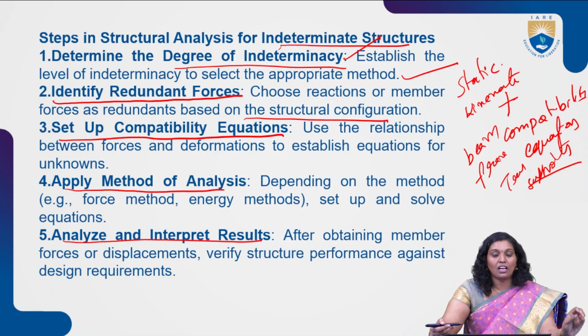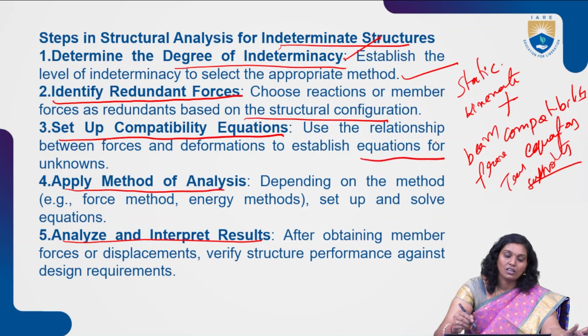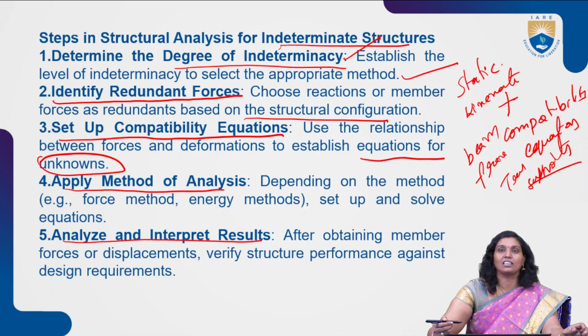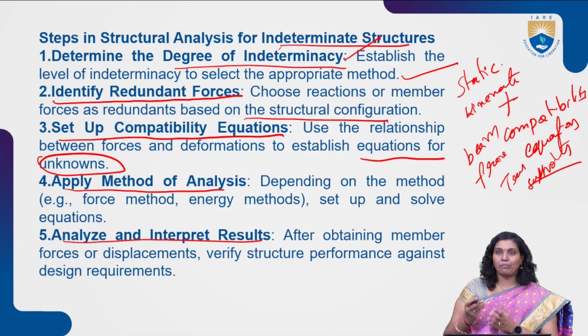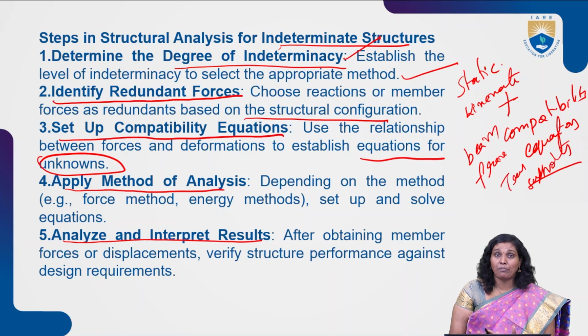Once we understand the degree of indeterminacy and identify the redundant forces, we move on to the compatibility equations and use the relationship between the forces and their deformations to establish the equations for getting the unknowns. Now choose the method. It depends upon the type of indeterminacy and what kind of structure it is, whether it is a truss, beam, or frame, and also the type of support and the loading condition.